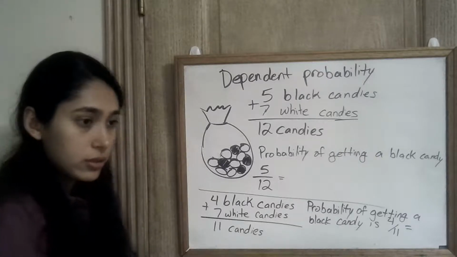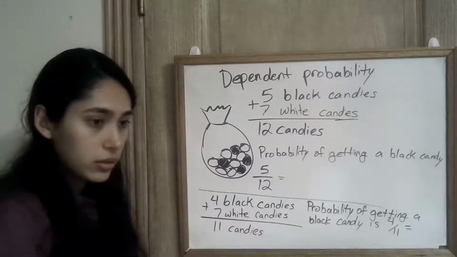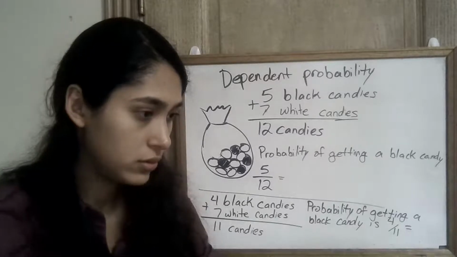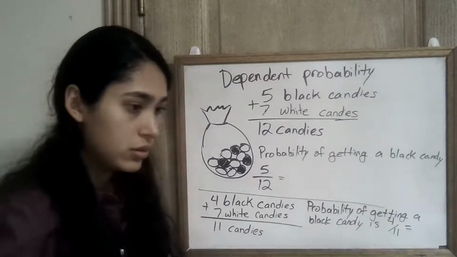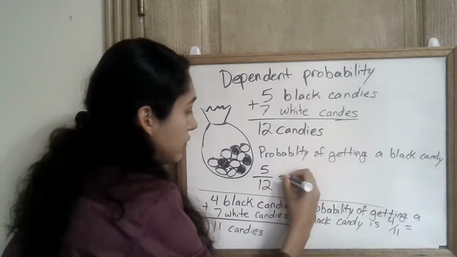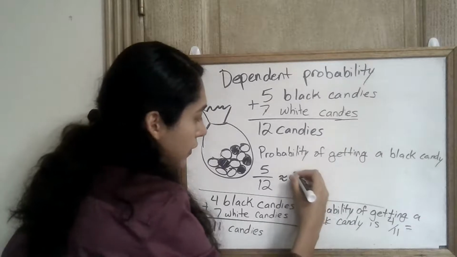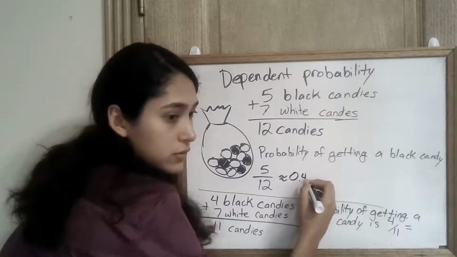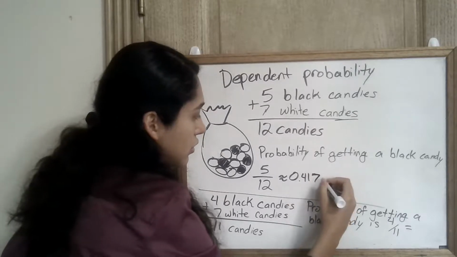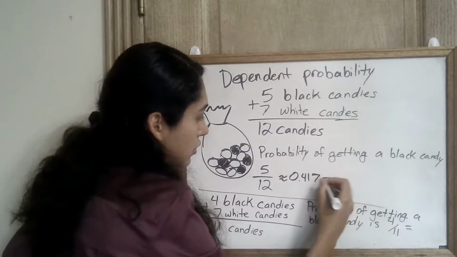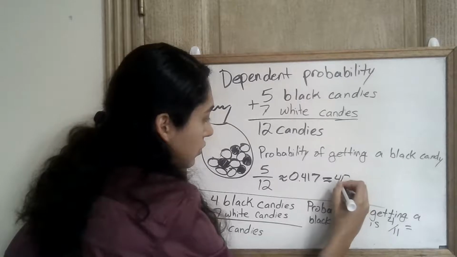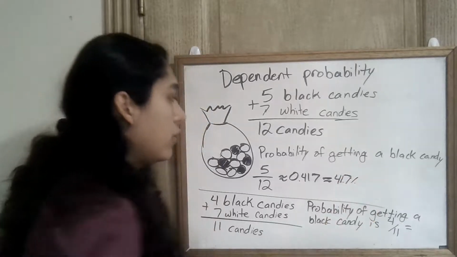Go ahead and just type this in. 5/12 is very similar to 41.7%.